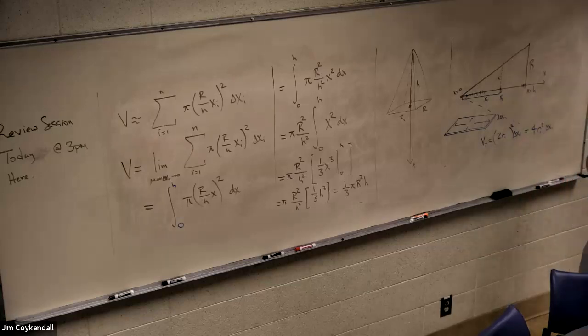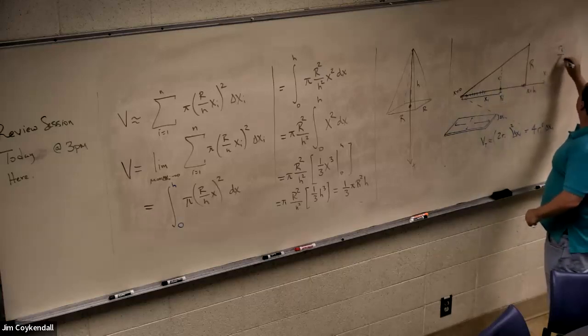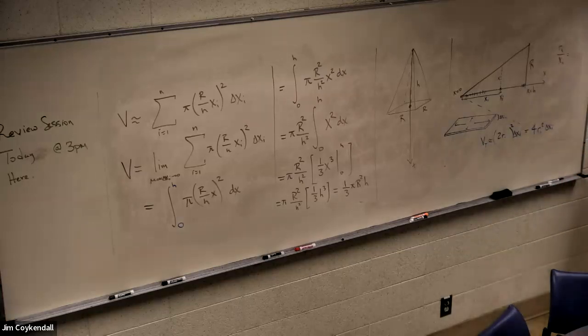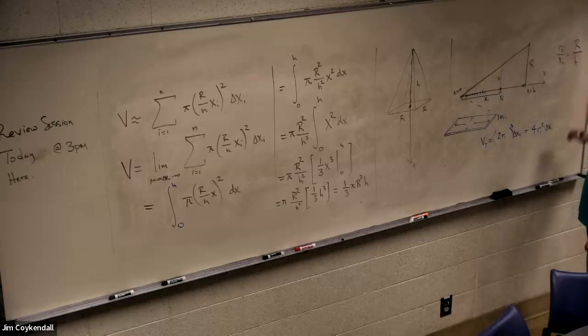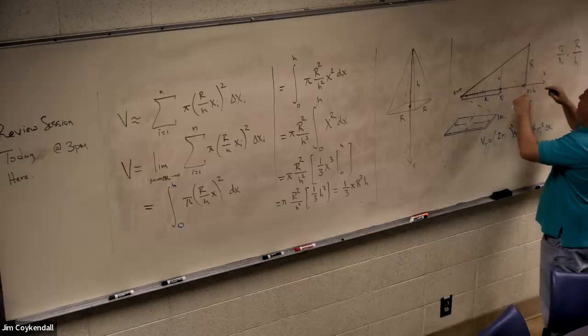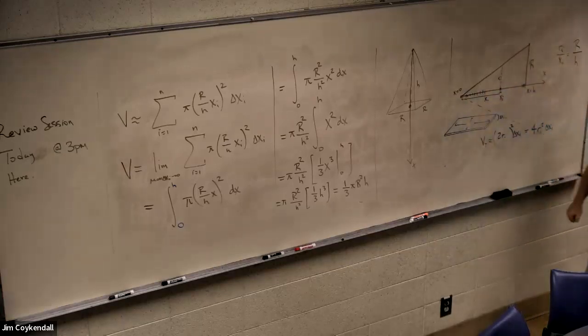The whole thing, right? A little triangle here is similar to the big triangle, so the ratio of this to this is this to this.